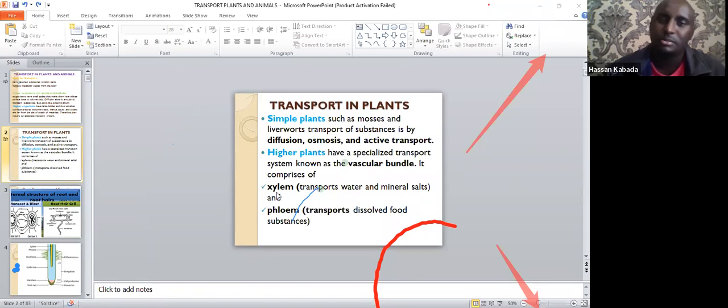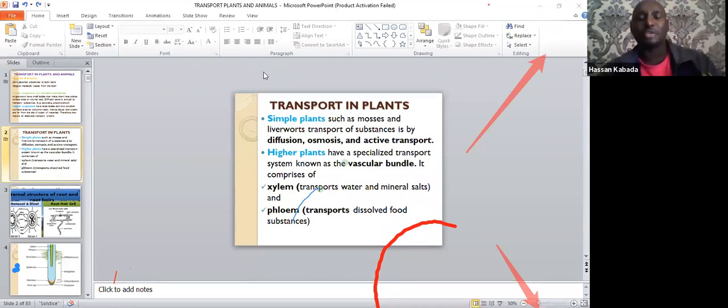You don't even need to think about it. It should be at your fingertips. As far as we're talking about transport in plants, what should come into your mind is vascular bundles or vascular tissues. And this includes xylem and phloem.